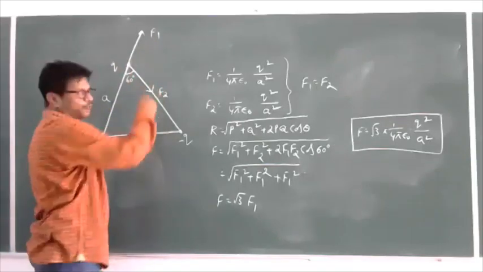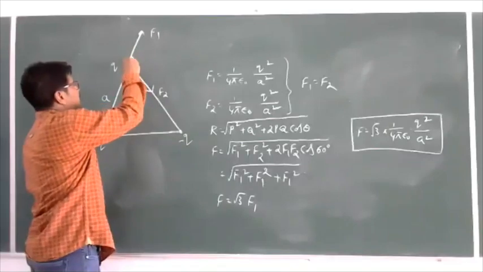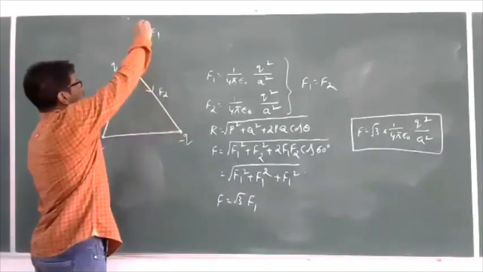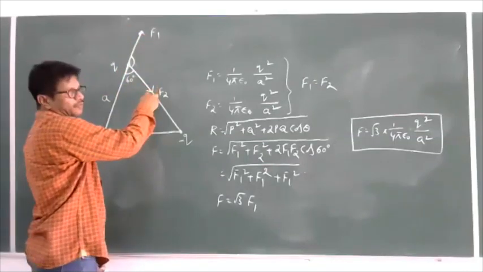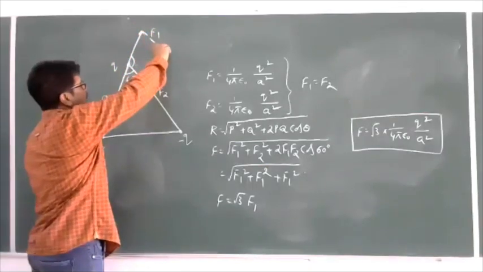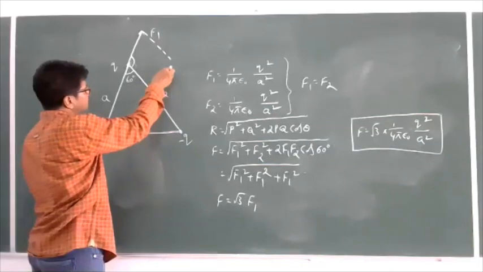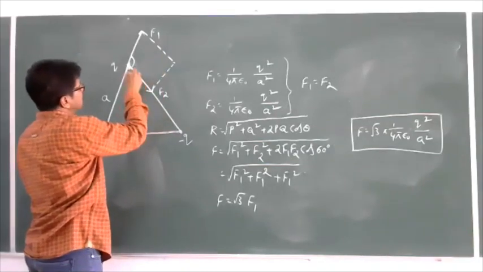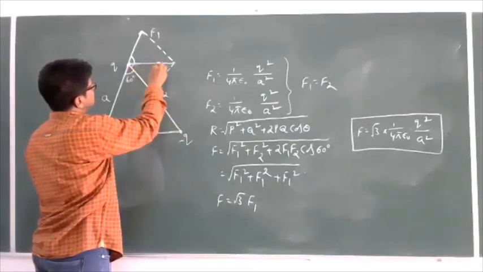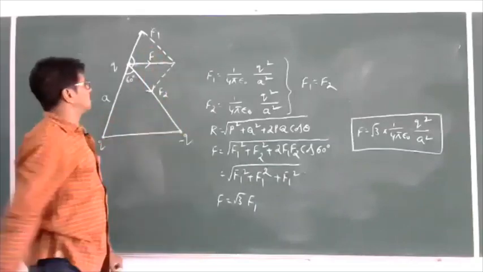Now these are the two forces F1 and F2 making a certain angle theta here. Then in order to get the resultant of those two, we need to construct a parallelogram.